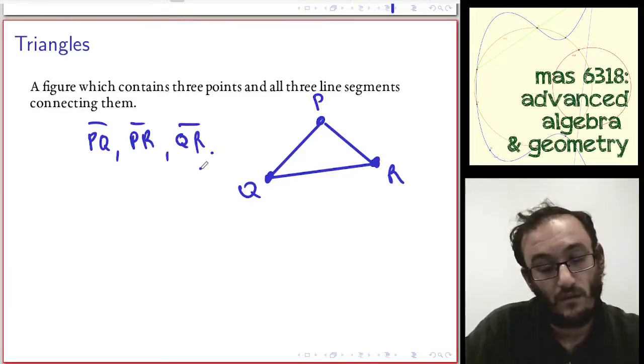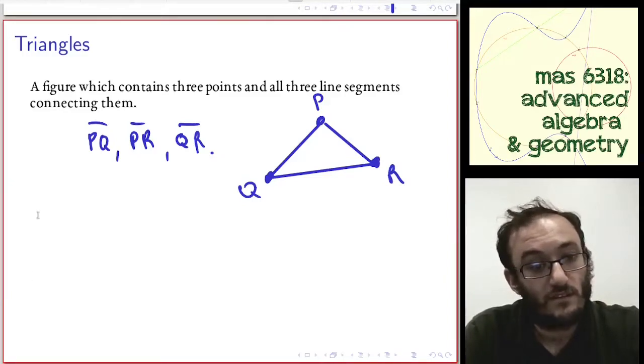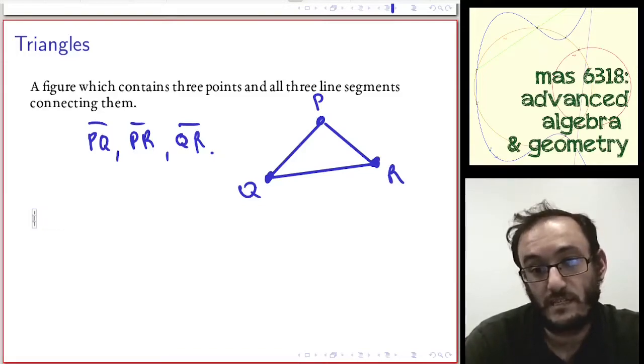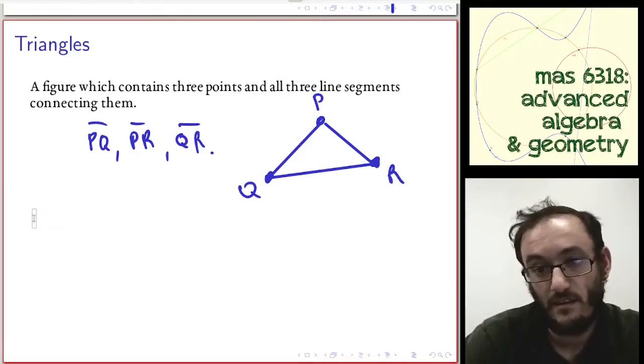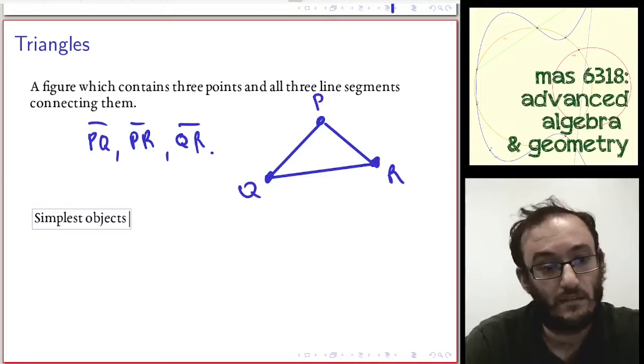Okay, and these are important from the perspective of geometry because these are the first objects, or the simplest objects that you can describe that have area.